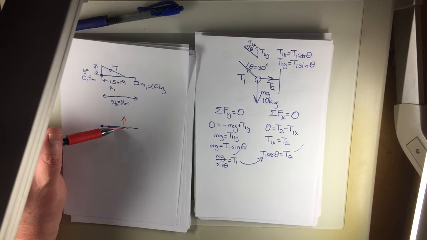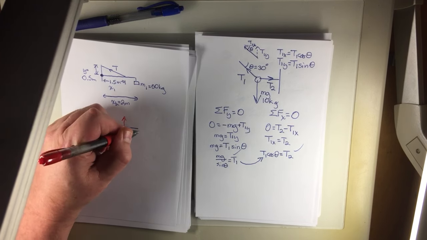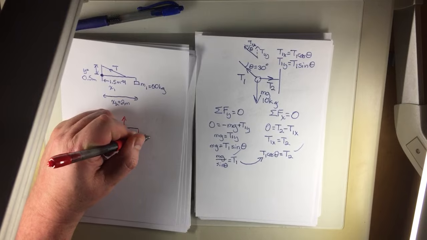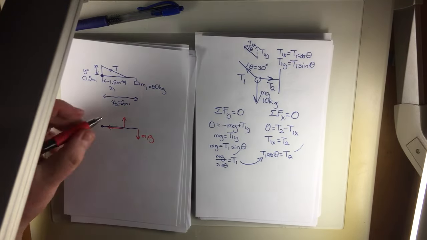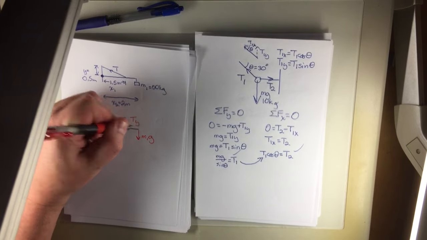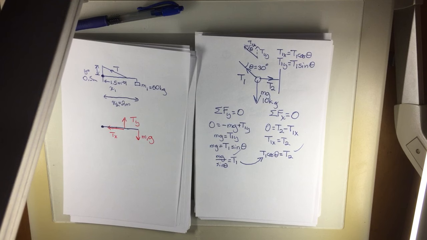This force will not cause a torque about that hinge. M1G pulls down. So this and Ty are the ones that matter. Tx is irrelevant.